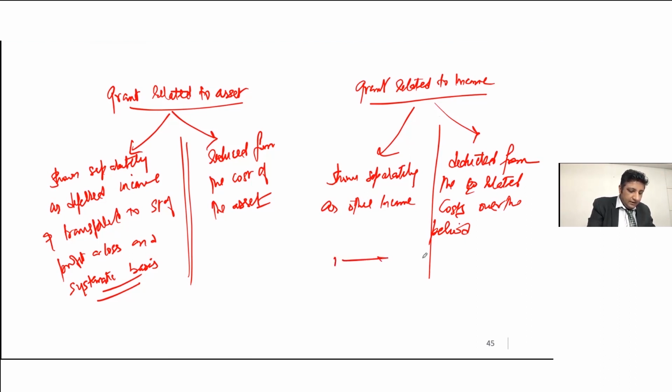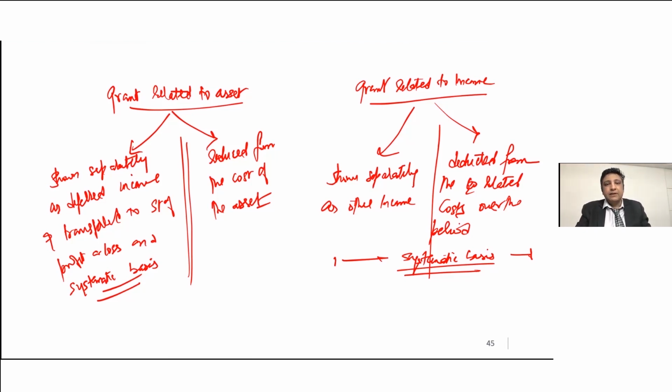Now again, the fundamental aspect of systematic basis is of course applicable in this scenario as well. All right, that's how you start dealing with the requirements of the standard in this scenario.